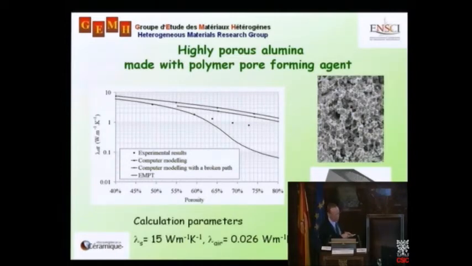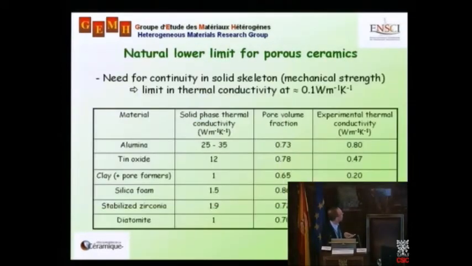Well, this was an attempt to do some numerical simulation on this. So, taking this idea that we need continuity in the solid skeleton in the material we make for mechanical strength, this leads us to the idea that if we're looking at thermal insulators, there is almost a sort of natural limit round about 0.1 watts per meter per Kelvin, where essentially this need for continuity stops us going to more thermally insulating material.